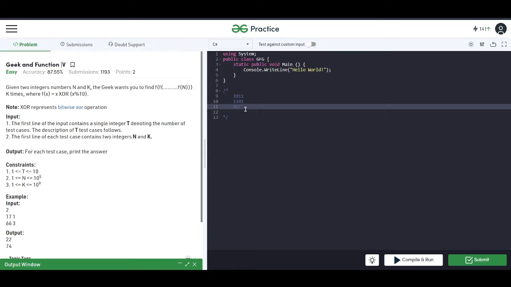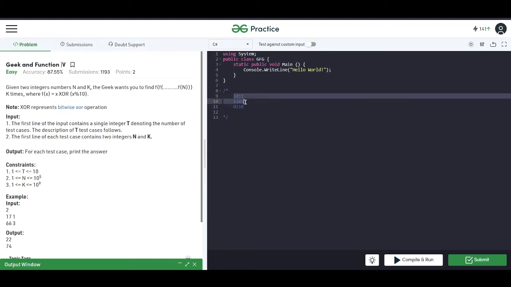Similarly here it will be 1, and here since both are set, the result will be 0. This will be the result of exclusive OR on these two numbers. Always remember this one rule: any number exclusive OR with itself will always be 0, because all the same bits are set. There is no exclusivity in both the numbers, so it will always be 0.